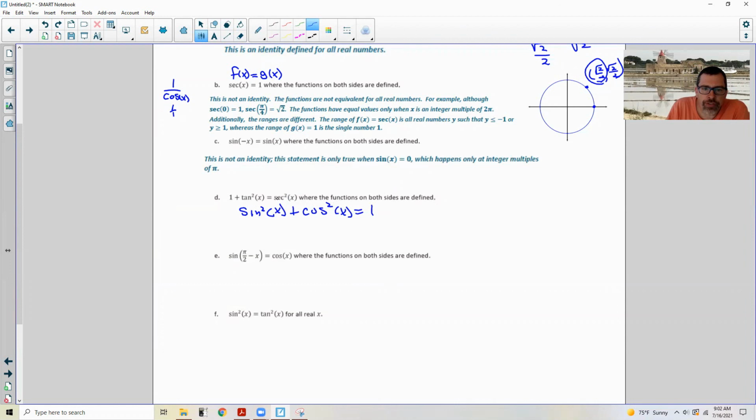Secant is 1 divided by cosine. So if I divide everything by cosine squared x, watch what happens.